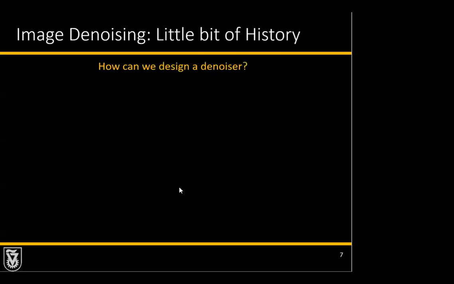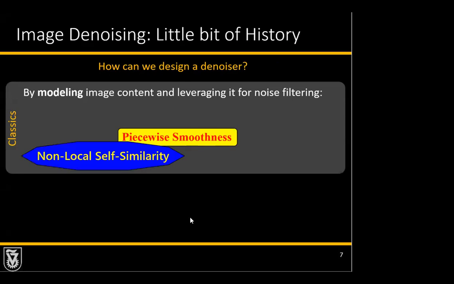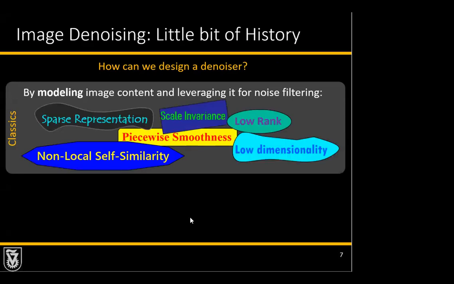Now, traditionally, how were denoisers built? How were denoisers designed? We had some idea of what an image should look like, some properties that the image should have, and we used this information, this model of an image, in order to build a noise filter. Some prominent examples are sparse representations and Gaussian mixture models, stuff like that.